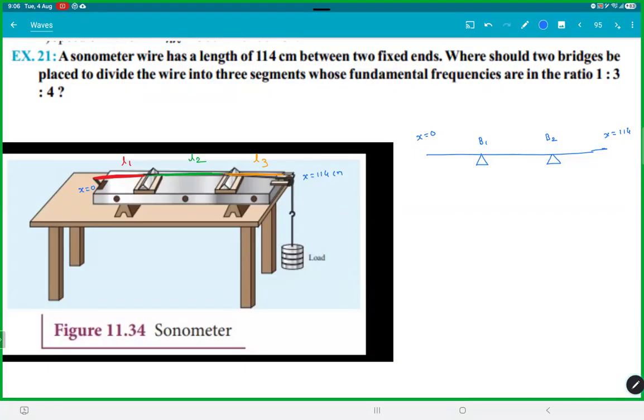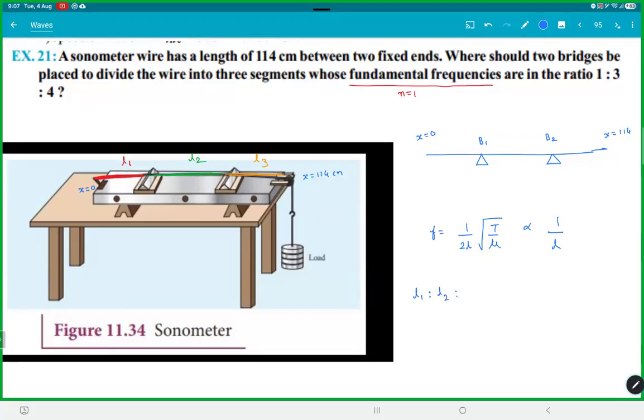So let's see the thing. One thing is clear. He said it is a fundamental frequency, meaning n is equal to 1. Now, if you look at the formula, f is equal to 1 by 2L root over T by mu. Tension is same, mu is same because it is the same string. So f is proportional to 1 by L. So I can go reverse.